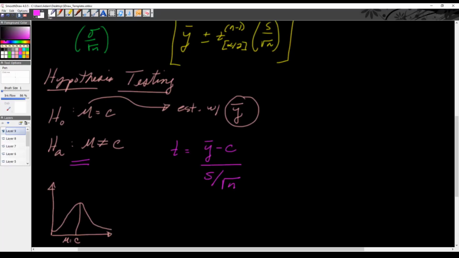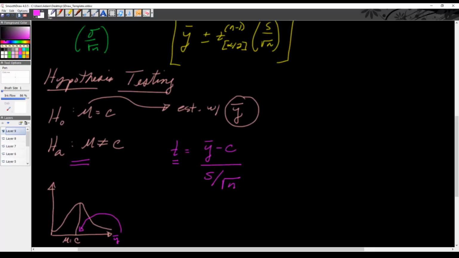So if our sample statistic has a normal distribution, we can see how far our sample statistic is from the hypothesized value. If we get a y bar that's way out here, we can basically say, you know what, that's different than the hypothesized value. But we perform this comparison using the t-score.